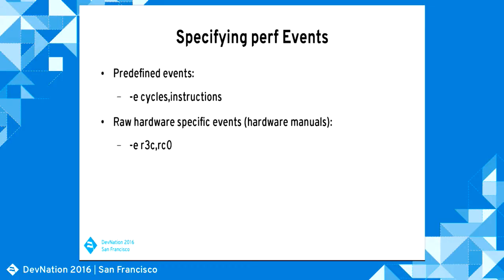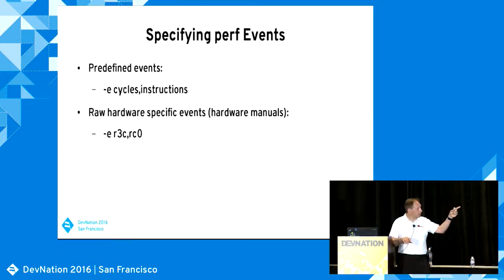You can specify those events with the perf command, like perf stat -e cycles,instructions, which will record the cycles and the instructions. In some rare cases, you may need to use raw events, but I would stay away from those. I would use the predefined names if at all possible.